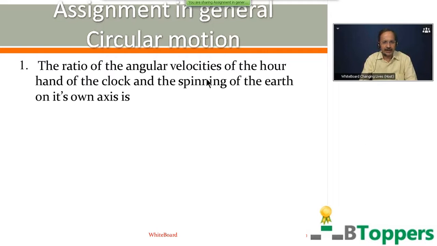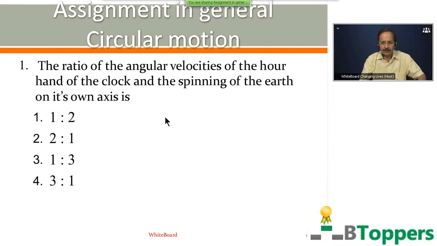The ratio of the angular velocity of the hour hand of the clock and the spinning of the earth on its own axis is. There are 4 options shown on the screen. You can observe. First option 1:2. Second option 2:1. Third option 1:3.